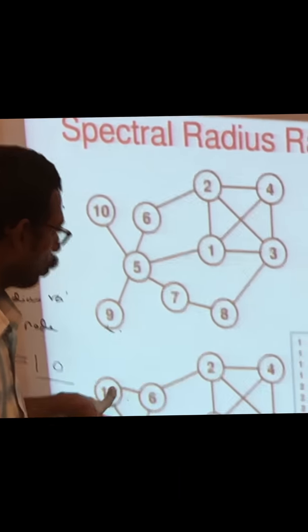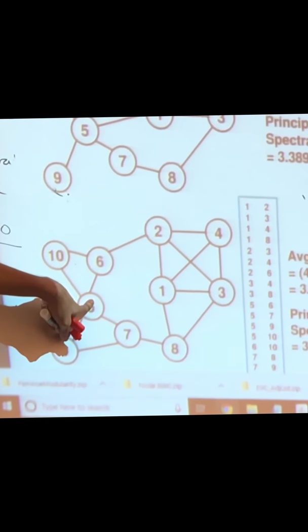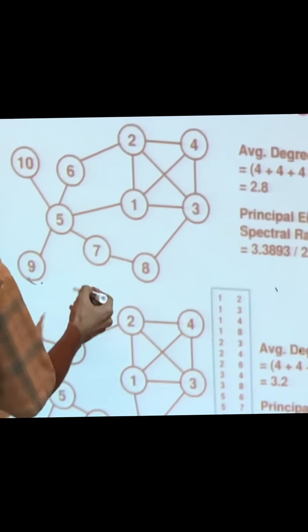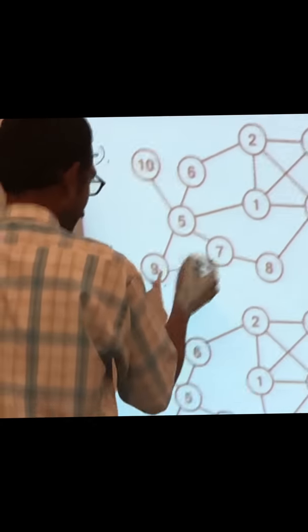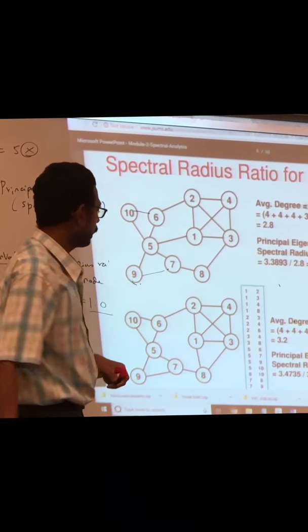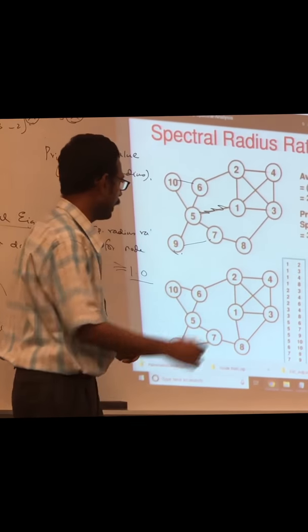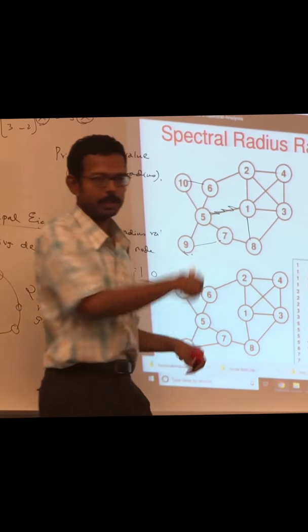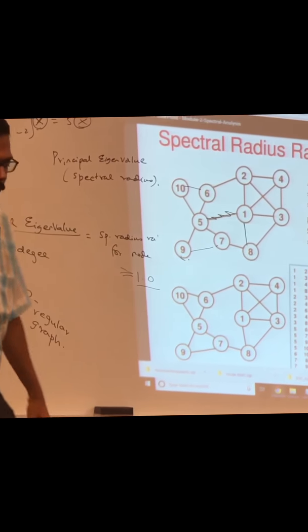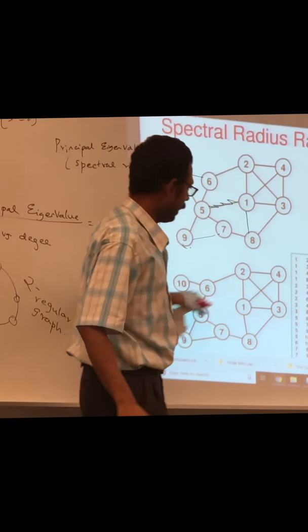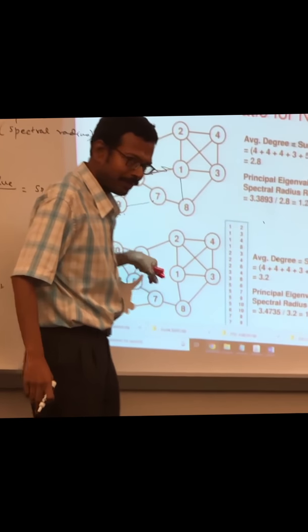Now you want to compare two graphs. I have another graph, just a small modification. I added a few edges, like 5, 9, 7, and then 6, 10. I removed the edge from 5, 1, and I added one more edge. So I made a small modification to this graph, and I do the same thing. This is now the adjacency list for this graph.